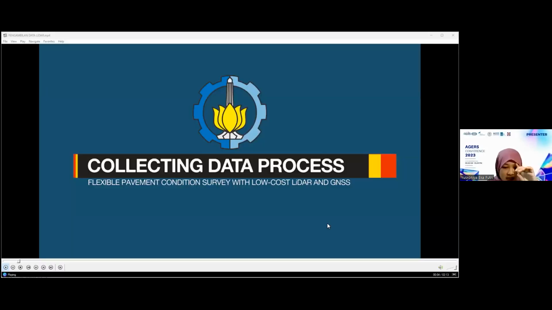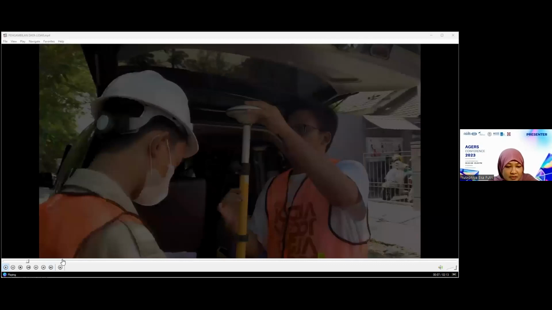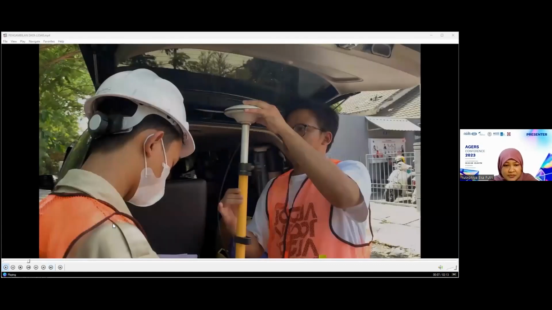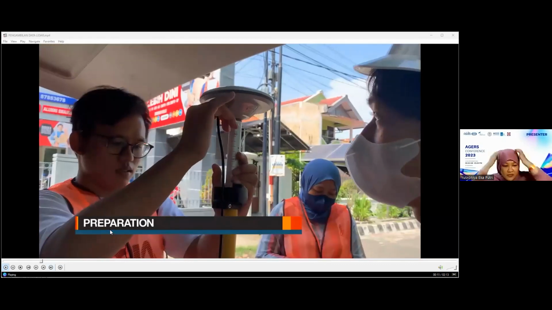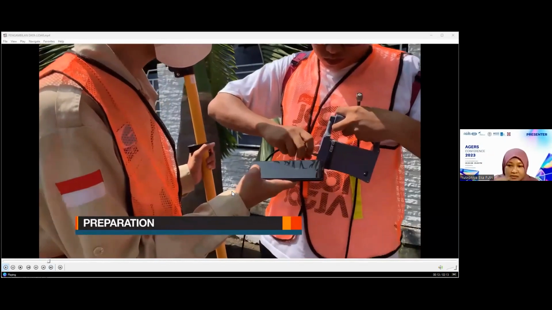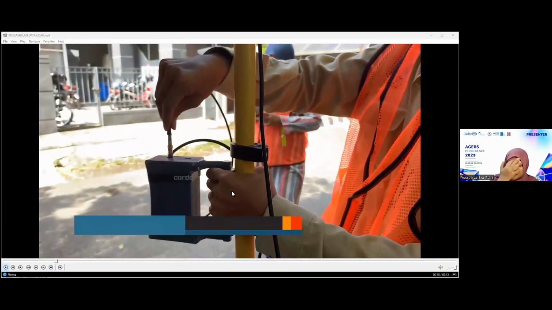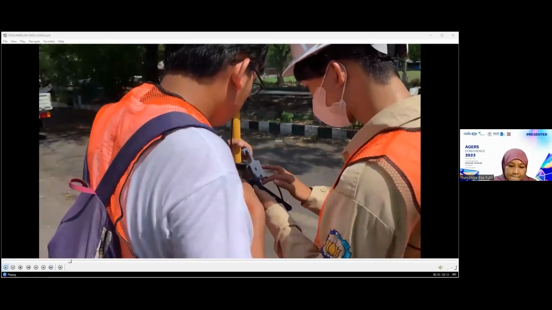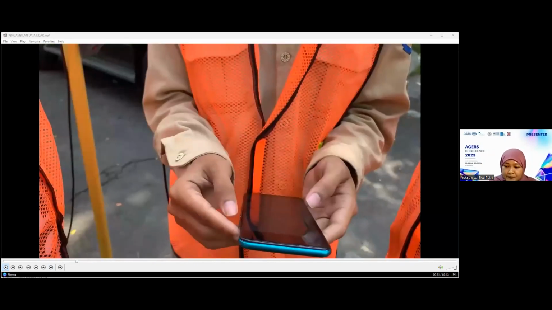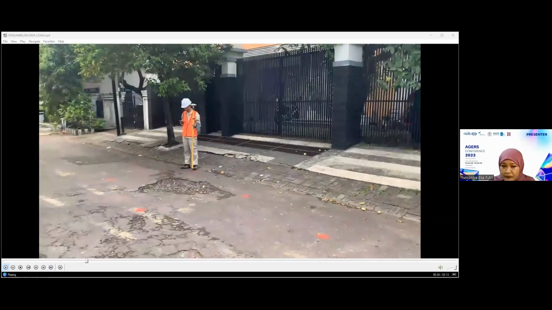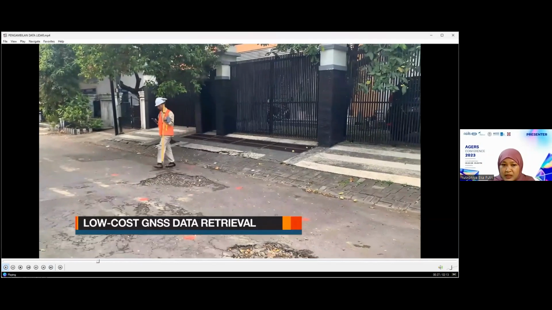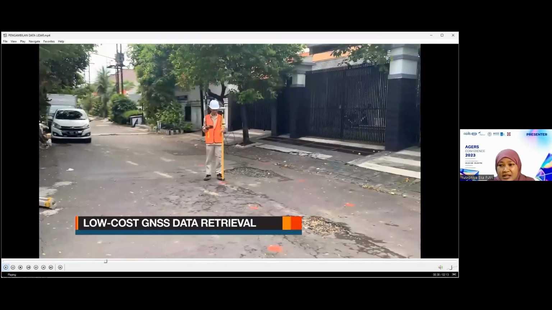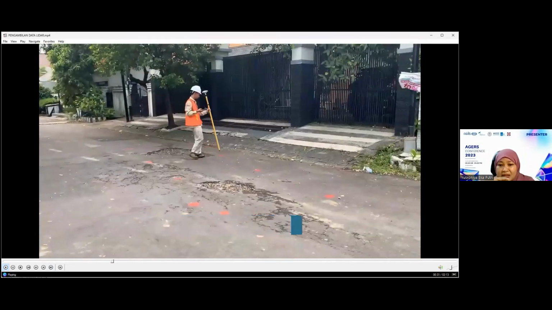So the first one is low cost GNSS to make a DCP.